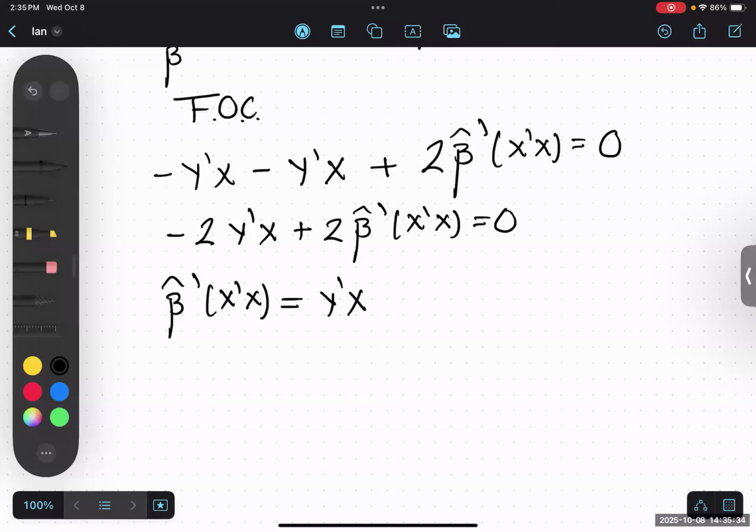But the thing is that we don't want an expression for beta hat transpose. We want an expression for beta hat. That's what we would like to estimate. No? So it's very simple.